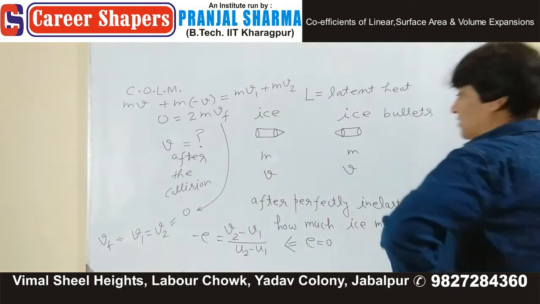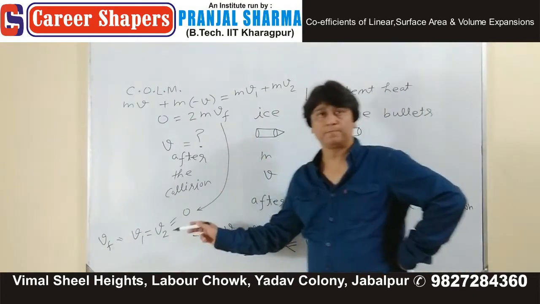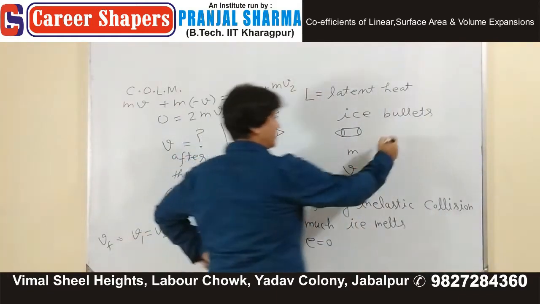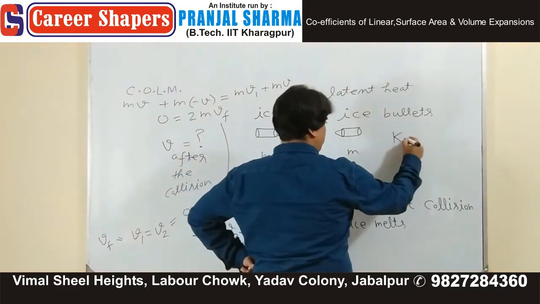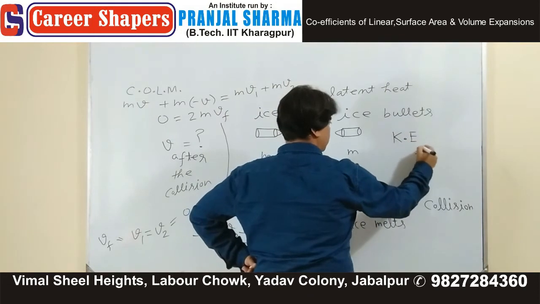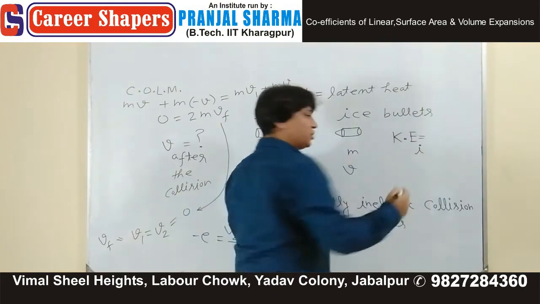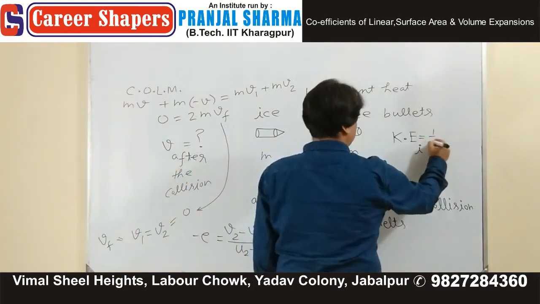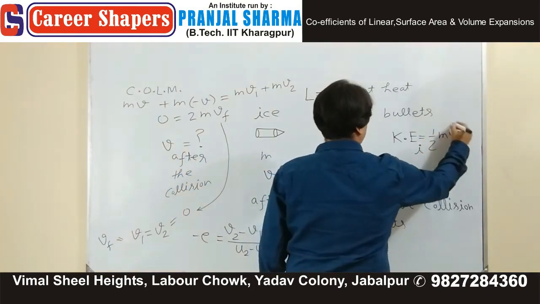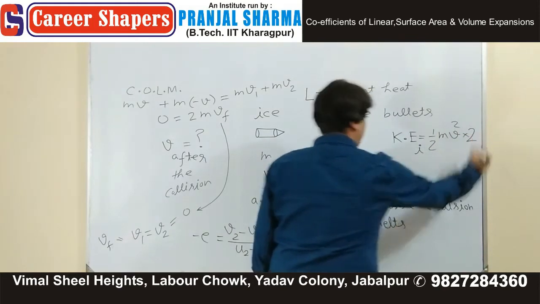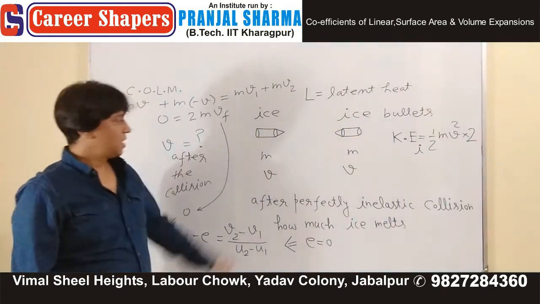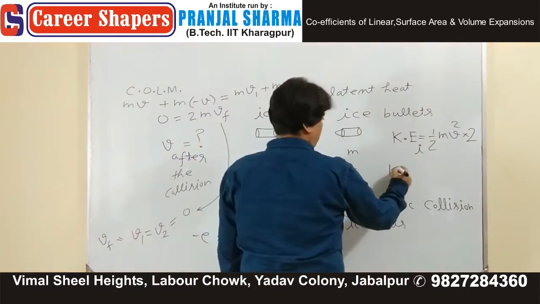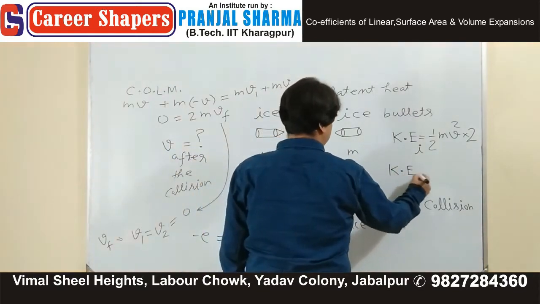Now if V final is 0, what was the initial kinetic energy of the system? Half mv squared, and there are two such bullets, half mv squared and half mv squared. What is the final kinetic energy?